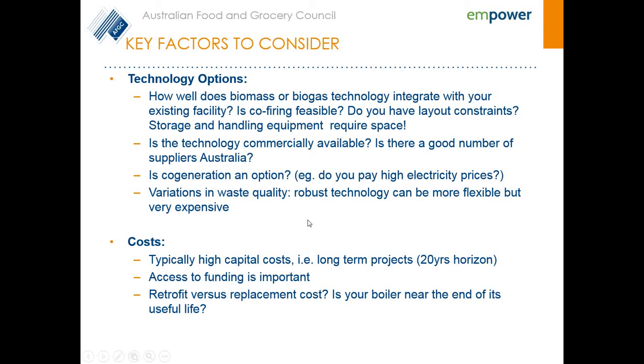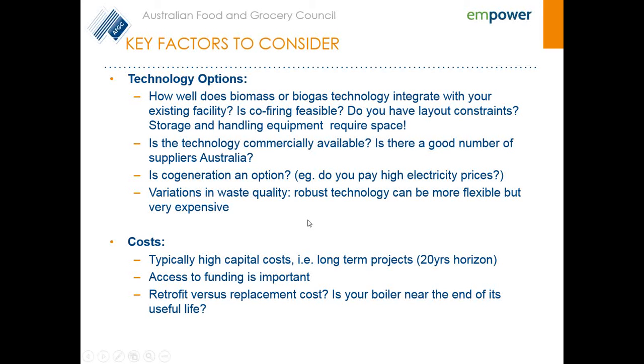And the next one is really important, as I mentioned earlier. Because of the high capital cost, if you can have access to large volumes of waste for a greater offset of purchased energy, then that will increase your savings and make the business case much more attractive.